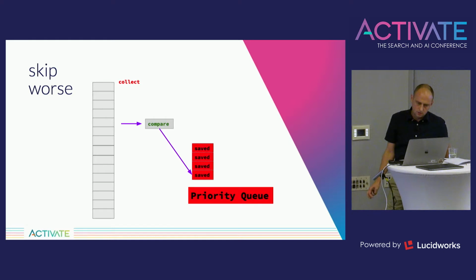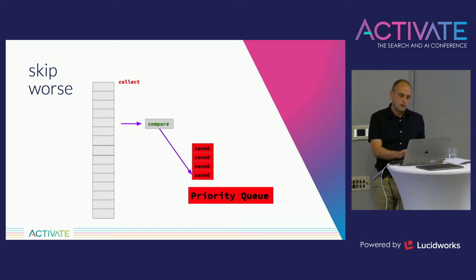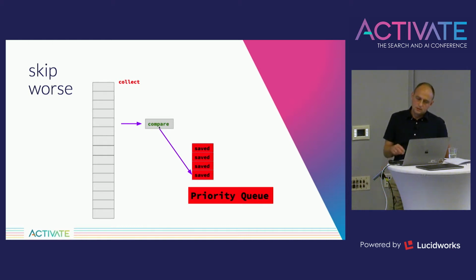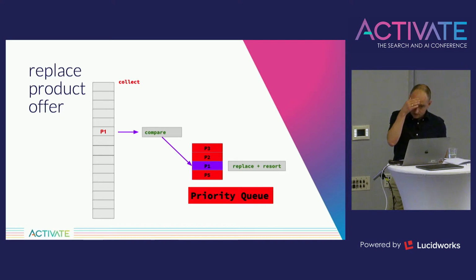So our algorithm works in a way that it collects document by document. For every document it collects, it has to compare this document to the last offer in our priority queue. If it's worse, it just skips this item. If the document we are collecting is better than the last in the queue, we have to check whether in the queue we have another offer of the same product.